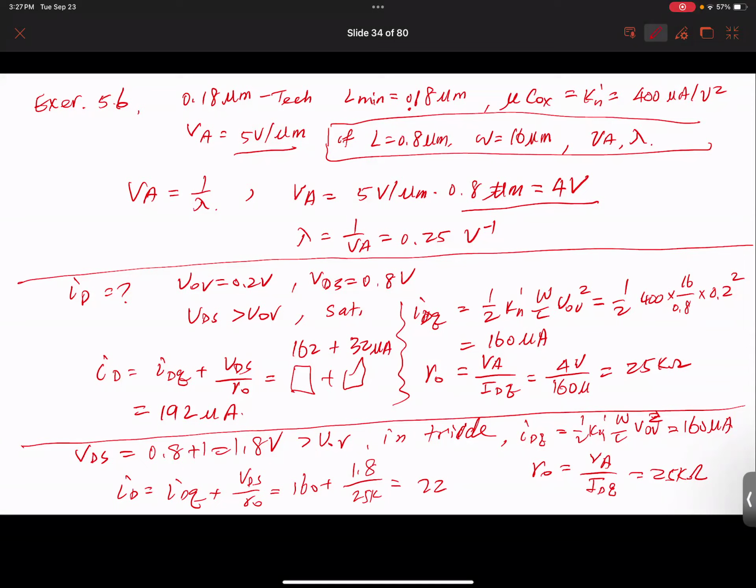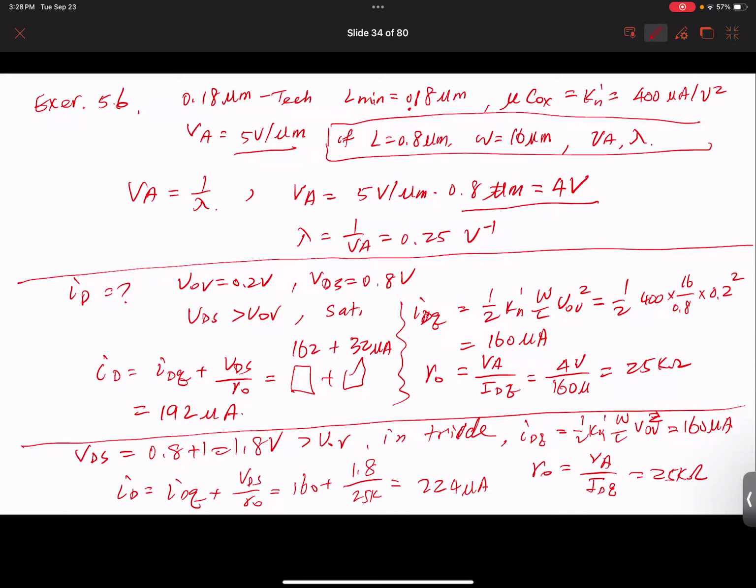If VDS increased by 1 volt, it's going to be 224 microamps. Actually, let me see.